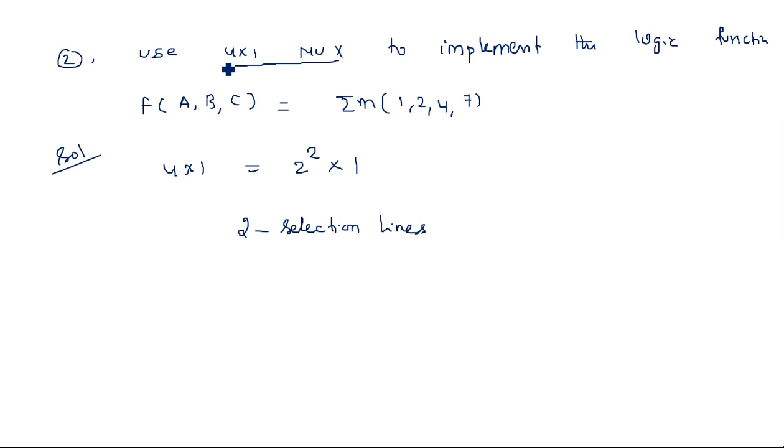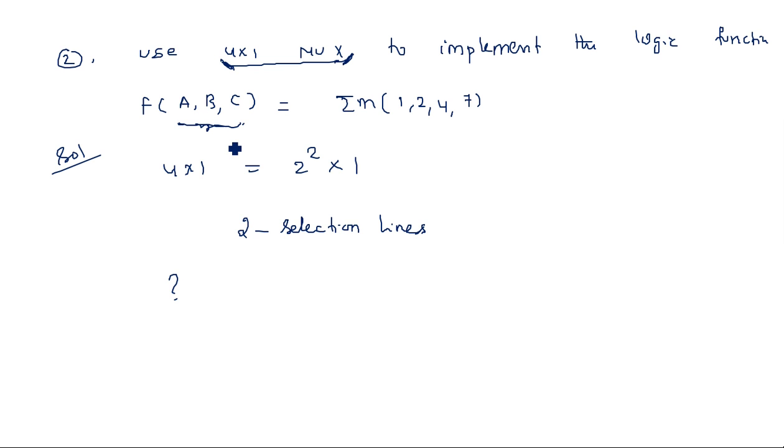But now the condition is you have to implement the same logic function using a 4 by 1 multiplexer. How is it possible to implement this, with three selection lines, using a 4 by 1 multiplexer? This is an important design. Students may be having confusion in implementing logic functions with a 4 by 1 multiplexer for three selection lines.